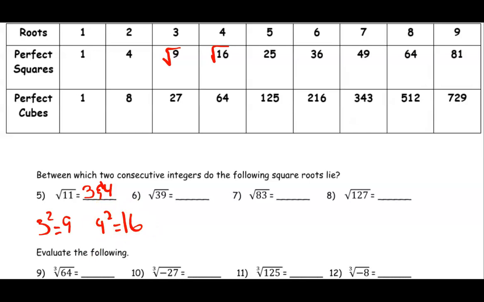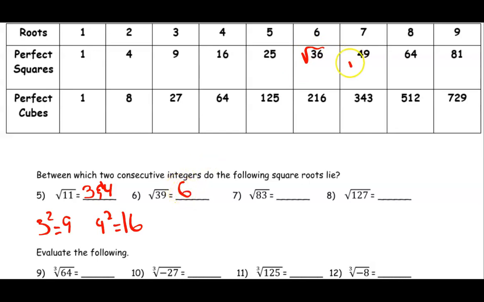Next one, the square root of 39. I want to focus on my perfect squares. I went all the way to 9 before, so now I want to continue from 16, 25, 36, I'm getting close, and then we jump to 49. So I say, okay, I may not know the square root of 39 because it's not a perfect square, but I know the square root of 36, which is the number 6.